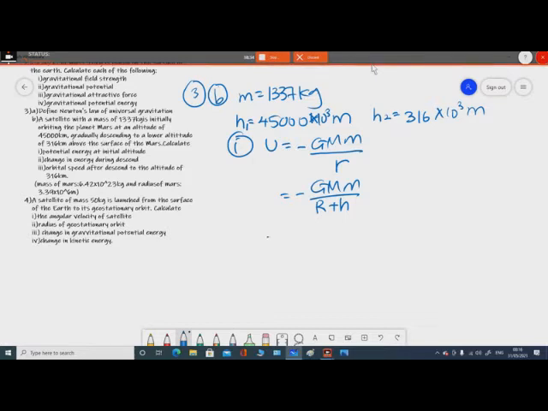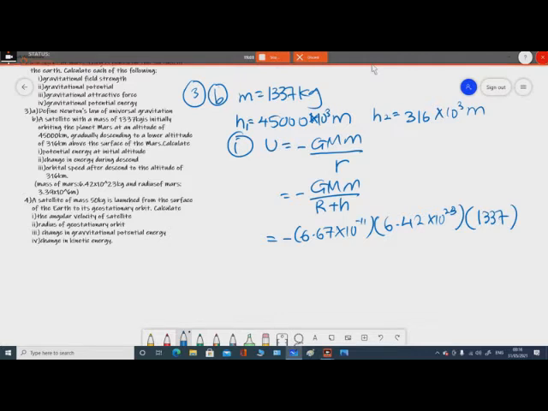So this is negative 6.67 times 10 to the power of negative 11. The mass of Mars is given as 6.42 times 10 to the power of 23. Our satellite mass is given as 1337.